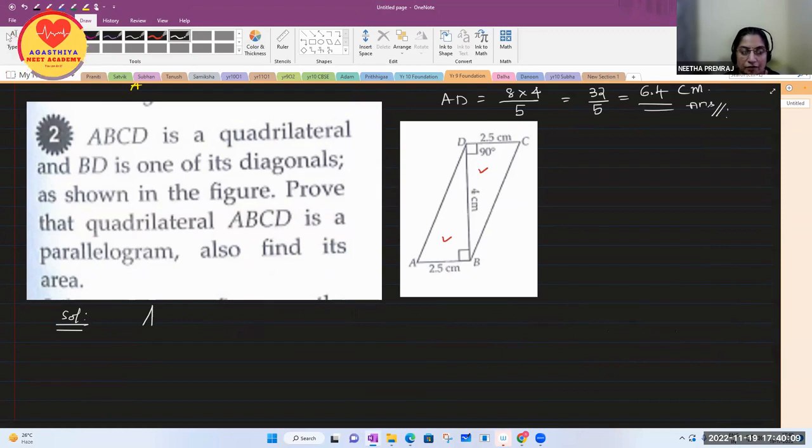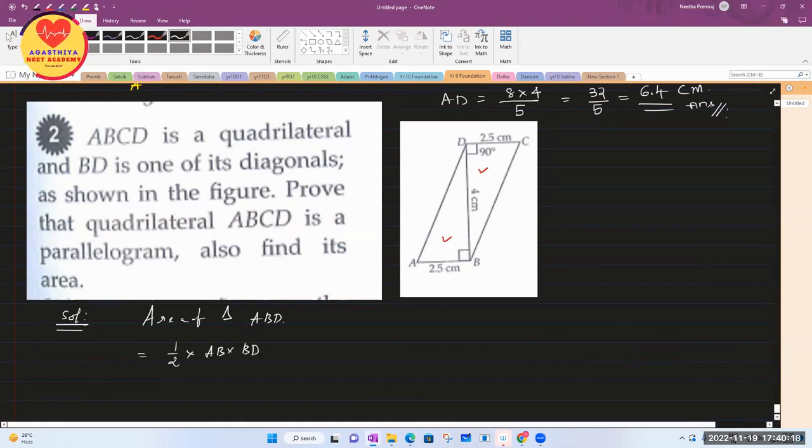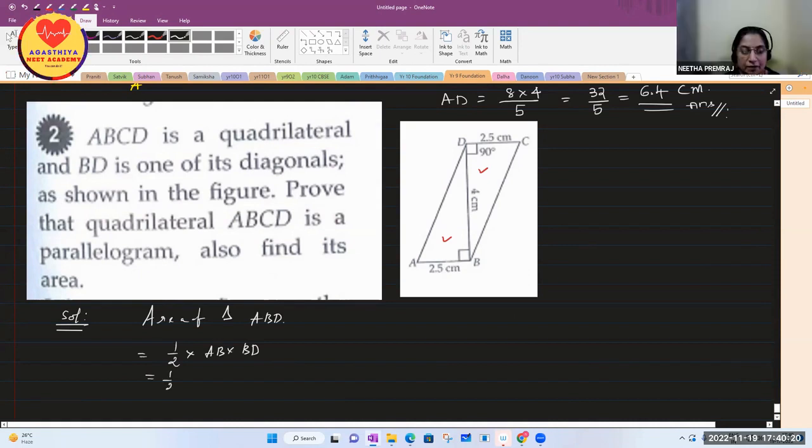Area of triangle ABD is half times AB times BD. Half times AB is 2.5, BD is 4. That is equal to 5 centimeter square.